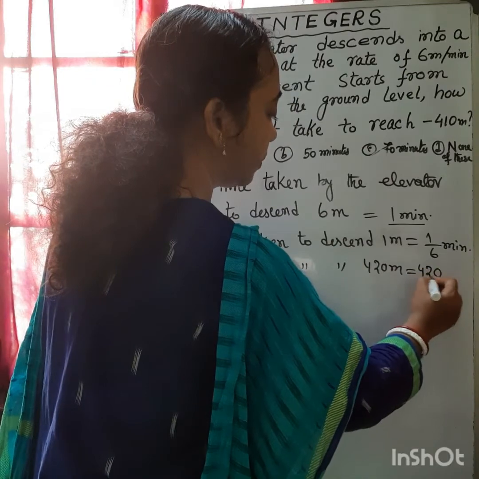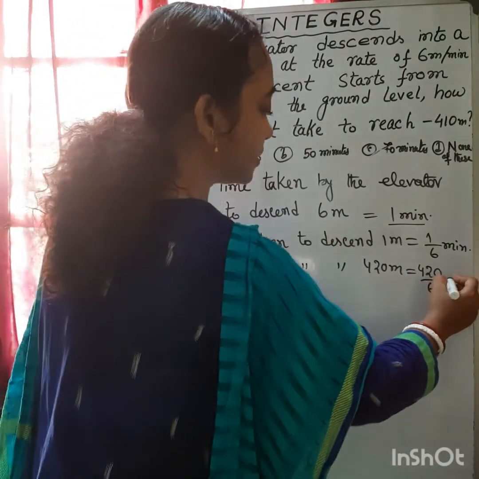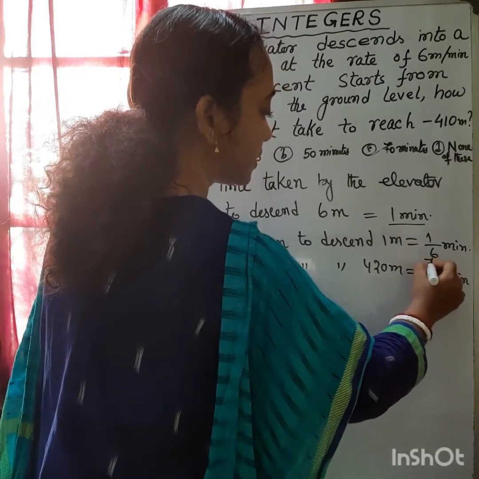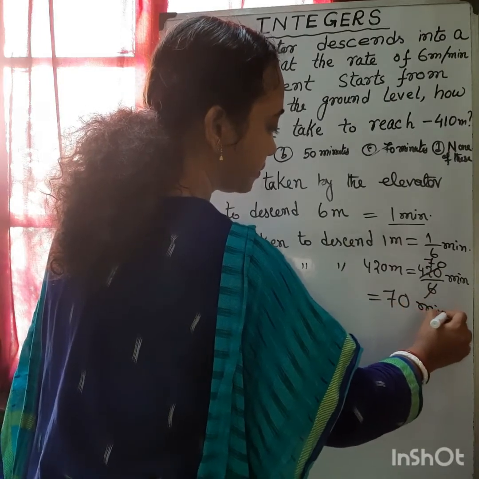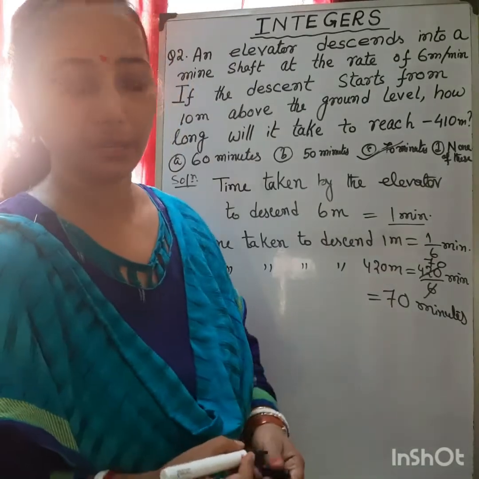So 420 by 6 minute. So this becomes 70. So the answer will be 70 minutes. So the correct option is 70 minutes.